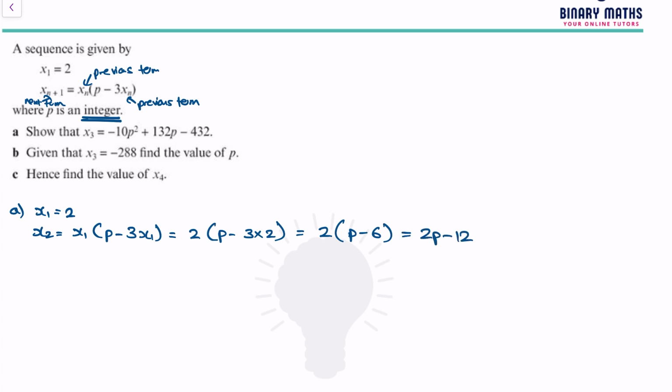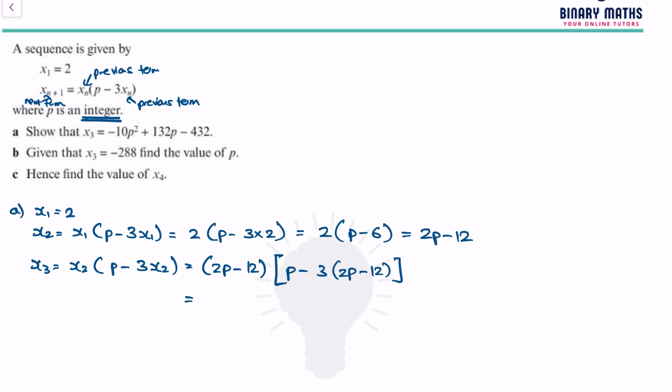So that's x2. To find x3, we're doing the previous term, which is x2, times (p minus 3 lots of the previous term, which is x2). So that is (2p minus 12), which is the previous term, times (p minus 3 lots of (2p minus 12)). And now I'm going to simplify this.